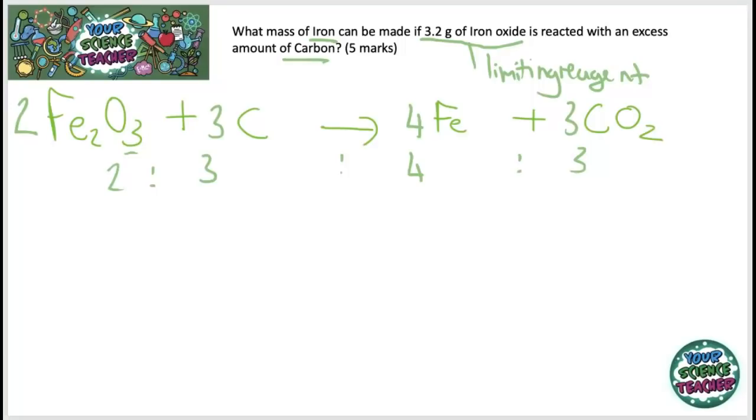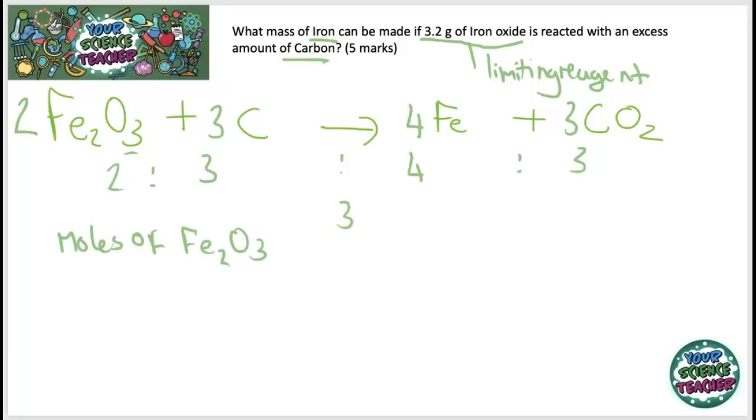So let's look at how to approach this question. First thing I need to do is work out the number of moles of iron oxide that I have at the beginning. So what you need to do is do the mass divided by the RFM.